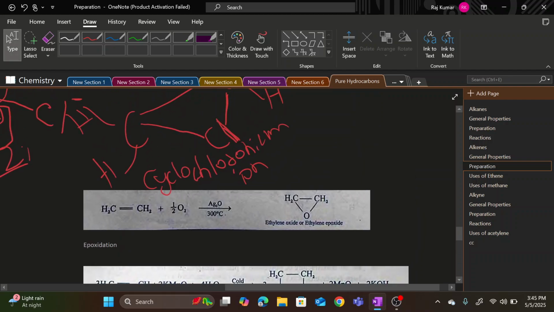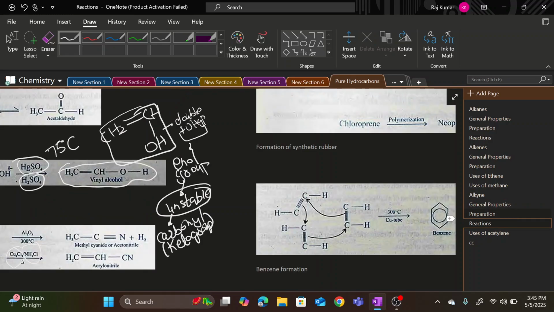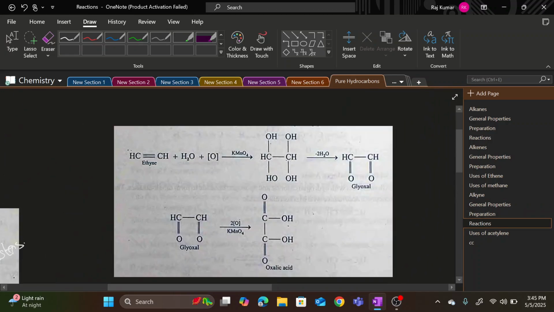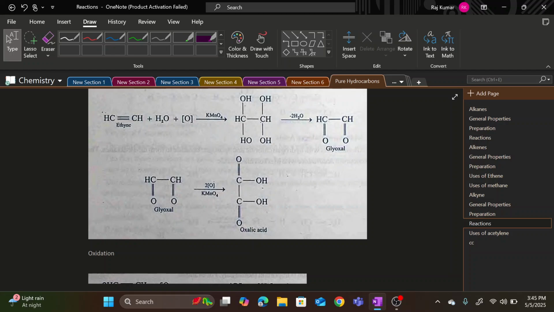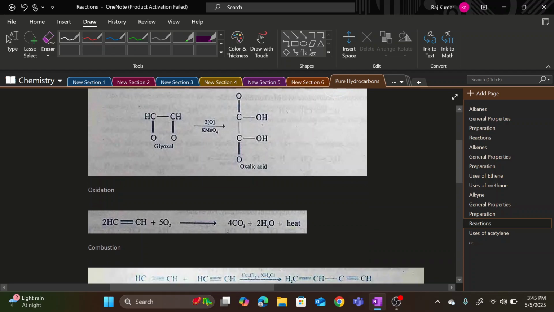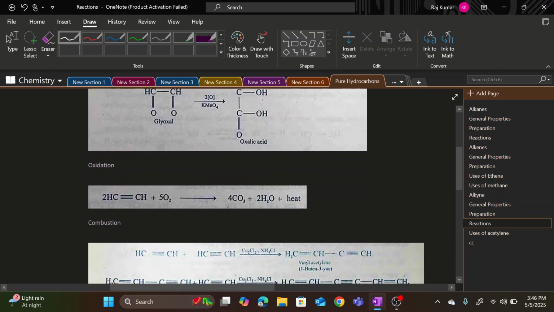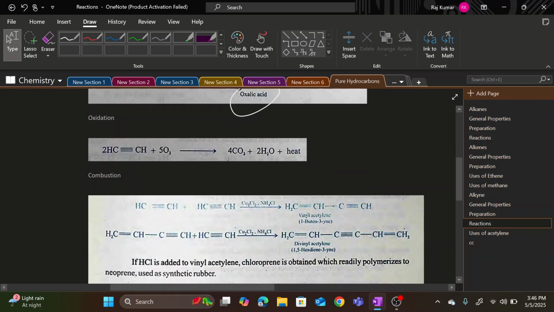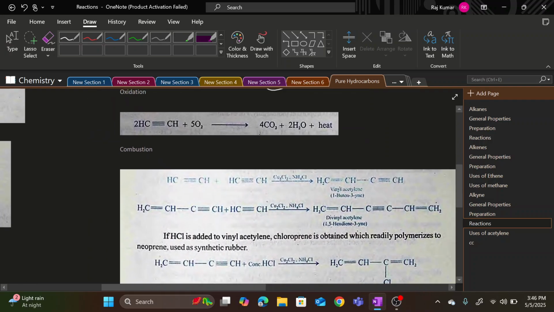Alright, so after doing the oxidation reaction of alkyne we'll move back to alkenes. When we add potassium permanganate and alkyne, that gives us glyoxal. And that glyoxal is unstable, which further undergoes oxidation in the presence of potassium permanganate to produce oxalic acid. So this is how oxidation happens.